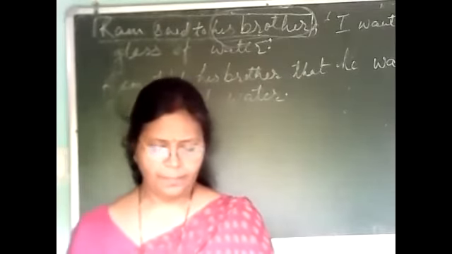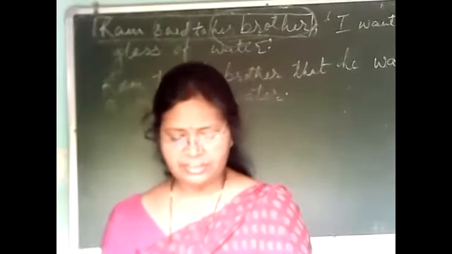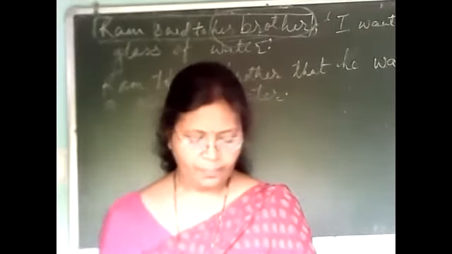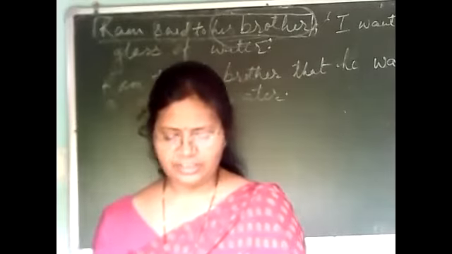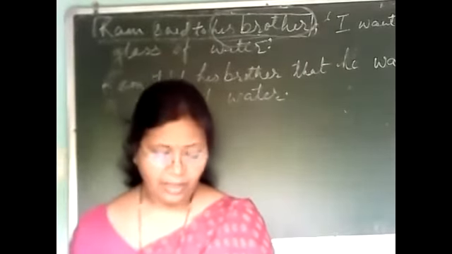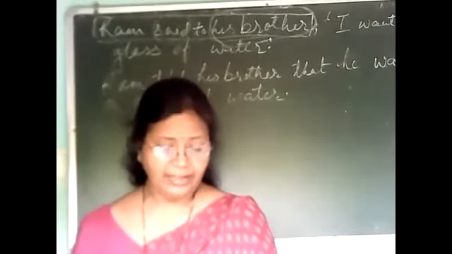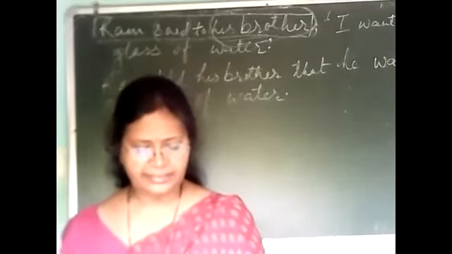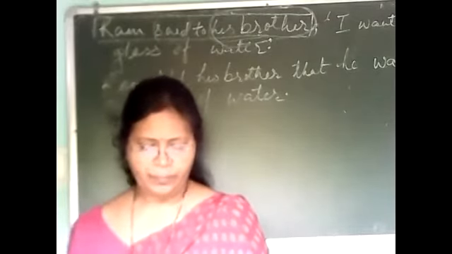Now the next sentence. Isha will say, "The teacher will check the notebooks tomorrow." Isha will say that the teacher will check the notebooks tomorrow. Tomorrow also remains unchanged. Now look at sentence number 3. Isa said, "The teacher will check the notebooks tomorrow."